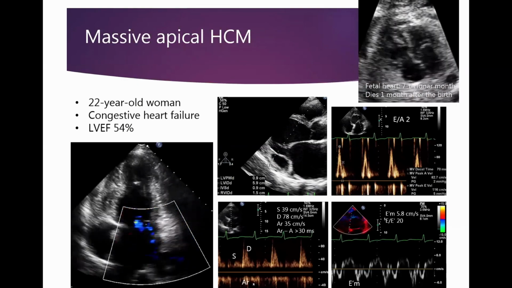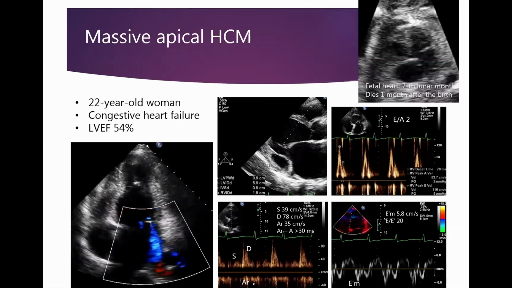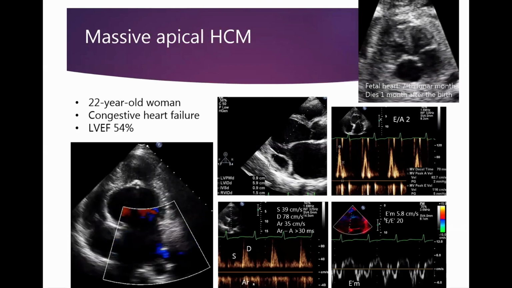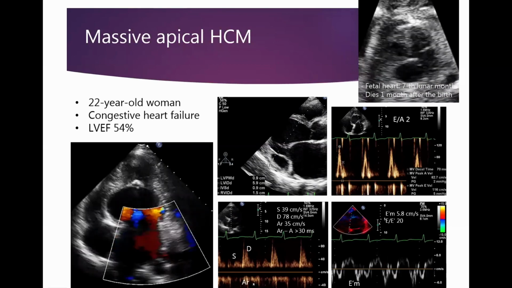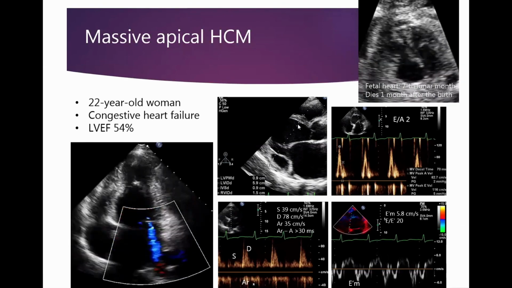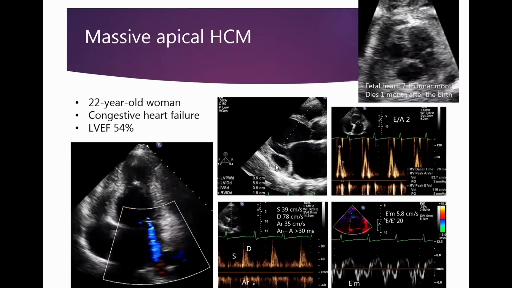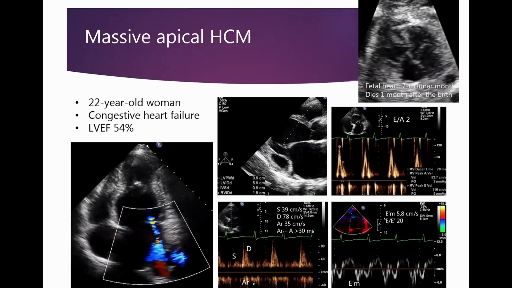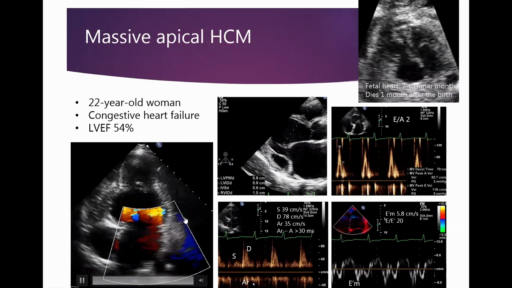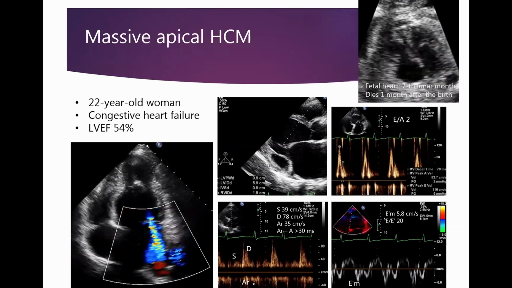A massive apical hypertrophic cardiomyopathy in a 22-year-old woman is presented. The woman has congestive heart failure, ejection fraction is preserved, 54%, but the left ventricle is dilated, almost 6 centimeters in diastole. Here we can see the dilated left atrium and mitral regurgitation.